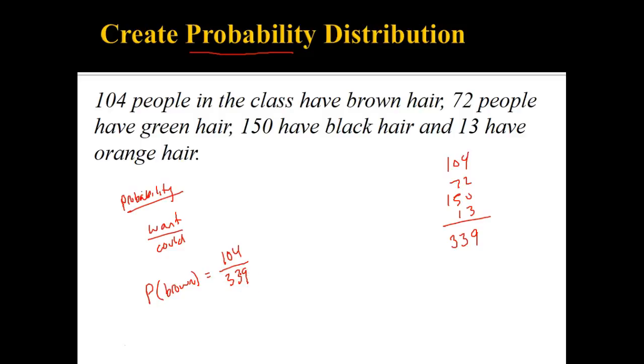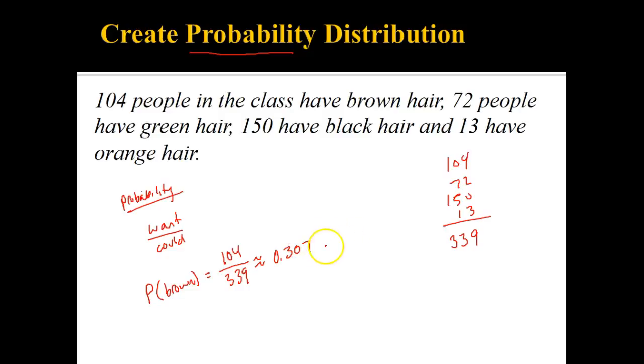Now I have to pull out my calculator to get my probability here, because probability is a fraction or a division problem, right? 104 over 339 could be written on our calculator as 104 divided by 339. And when I do that on my calculator, I get approximately, and I'm going to say approximately because I'm going to round, 0.307.